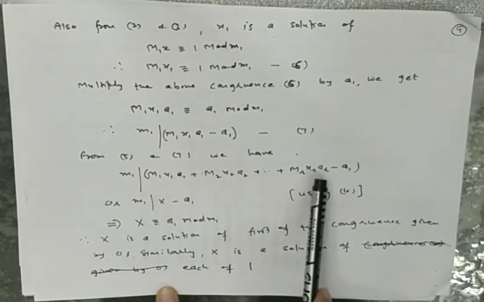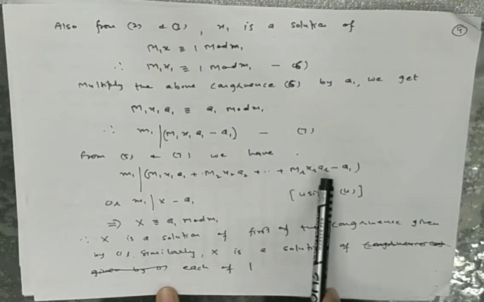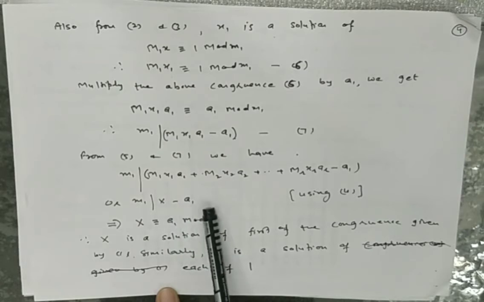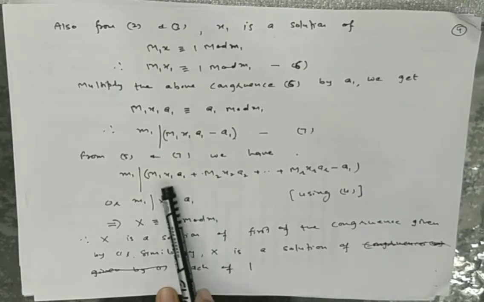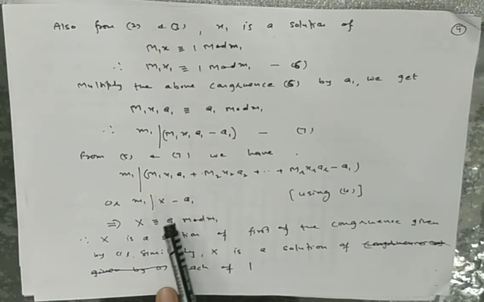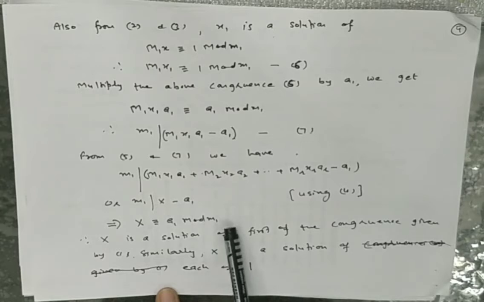But this whole thing is capital X, so we write it here as capital X. Thus we get m1 divides capital X minus a1. And again we use the definition of congruence, that will give X is congruent to a1 modulo m1.